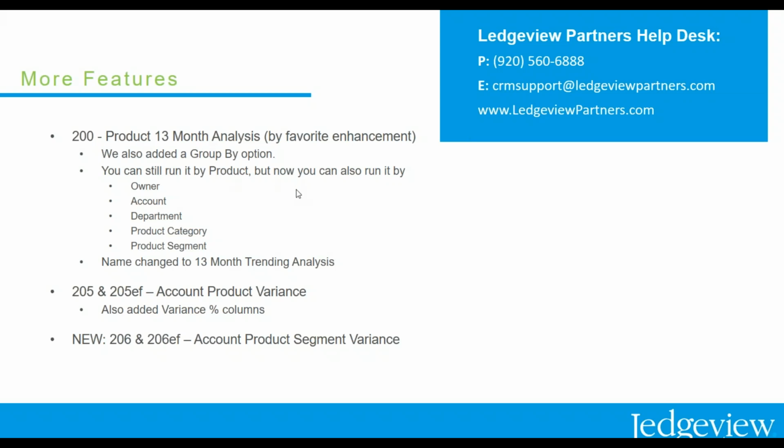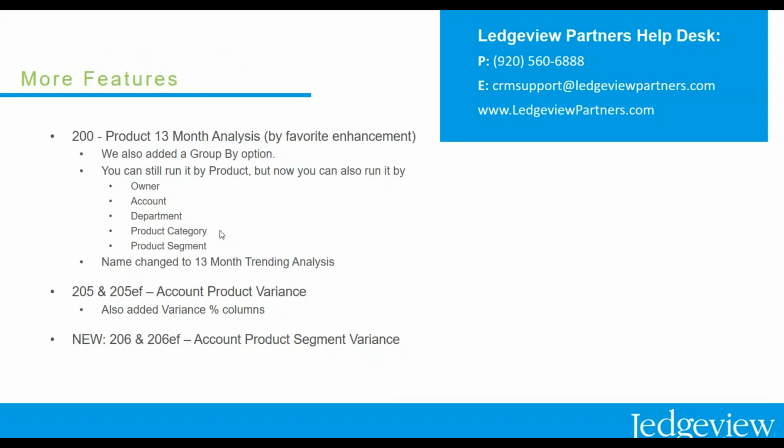You might want to see trending over 13 months by owner, by account, by department, by product category, by segment. So because we're adding this group by, we actually changed the name to just the 13-month trending analysis report. And when you run it, it's just going to ask you, how do you want to group the data? Really, what are you analyzing today? So this is some pretty cool stuff here, I think.